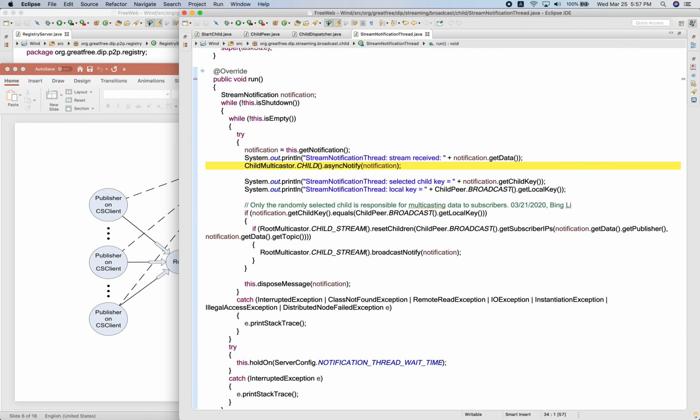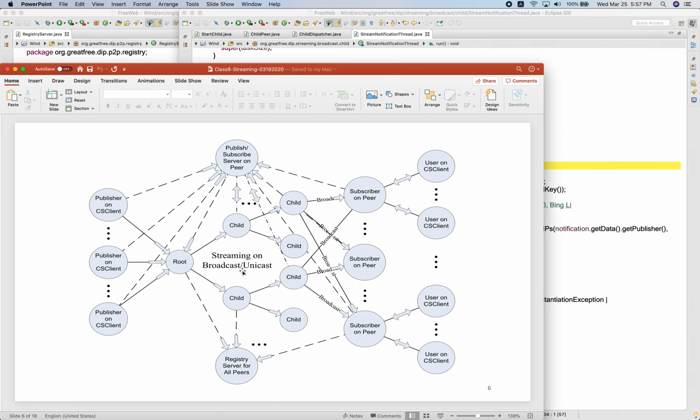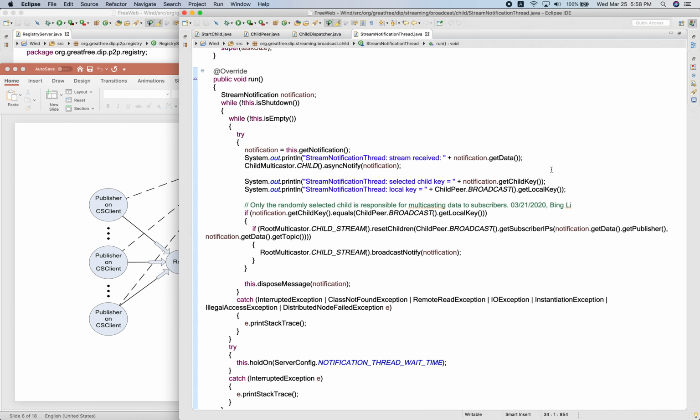That's fine, because this is broadcasting. So this is the first task it needs to perform after this notification is received. It uses a sync notification to read the performance, right?